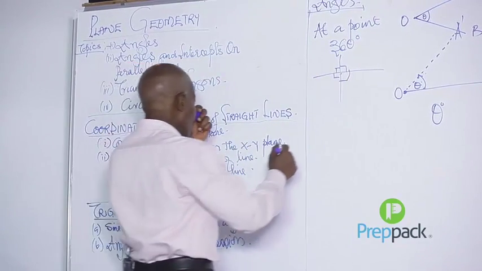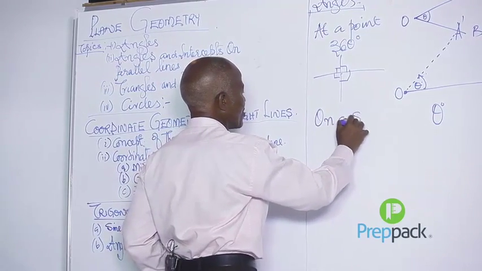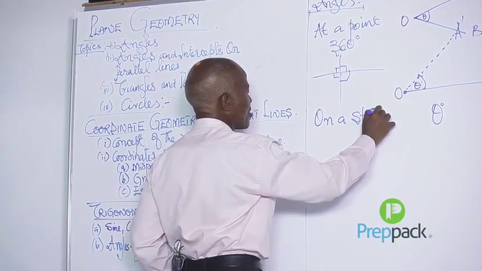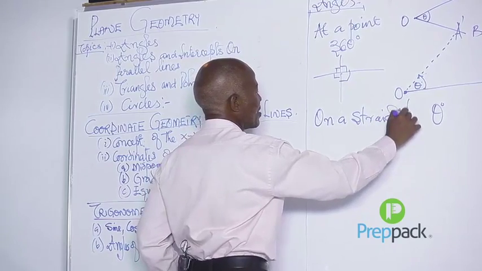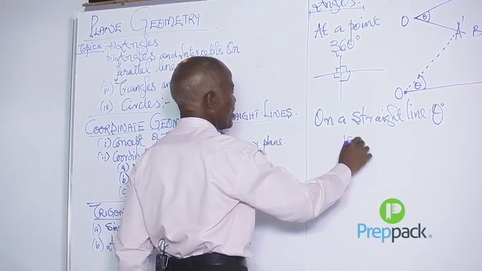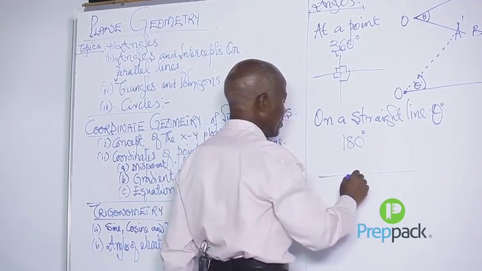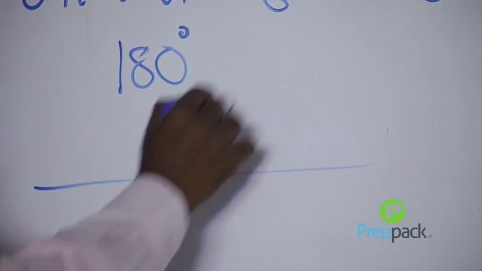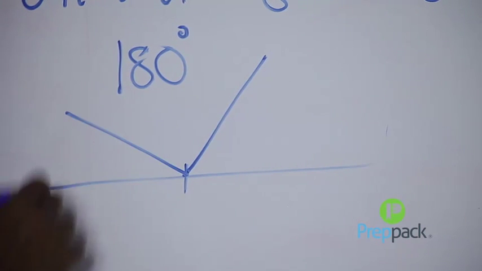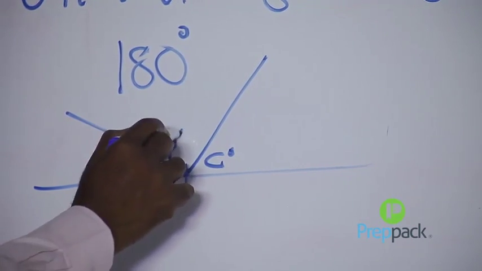We also have angle on a straight line, which is 180 degrees. Okay, if you have this, 180 degrees. See, this and that, this is A, this is B, this is C degrees.